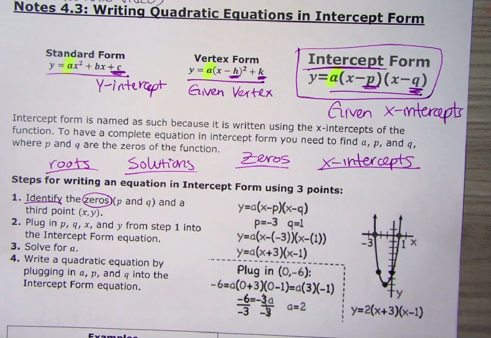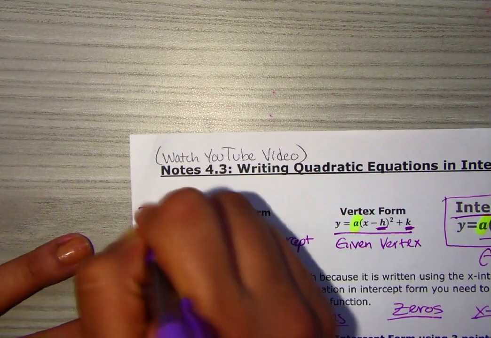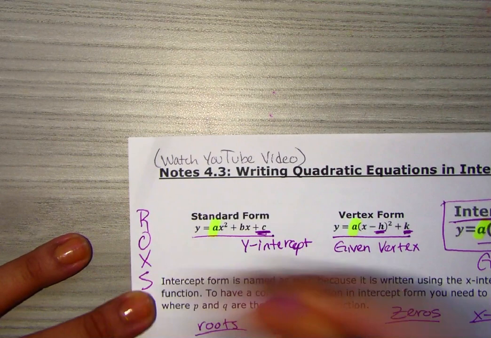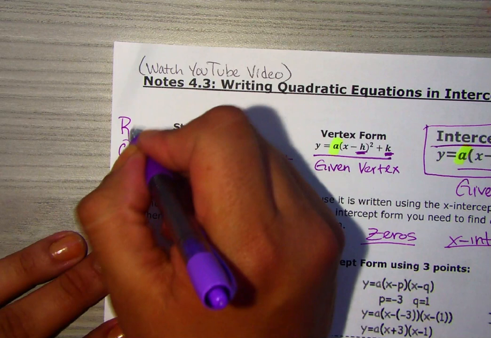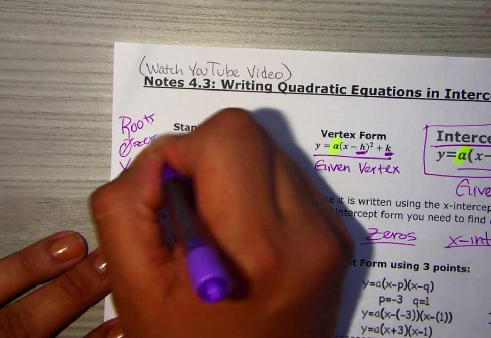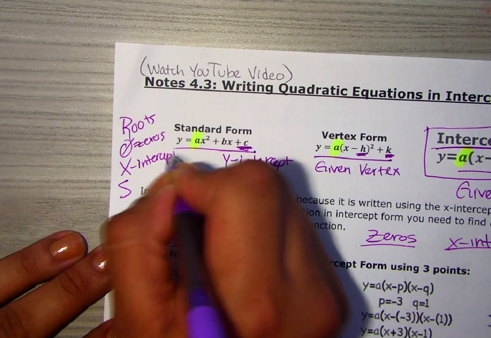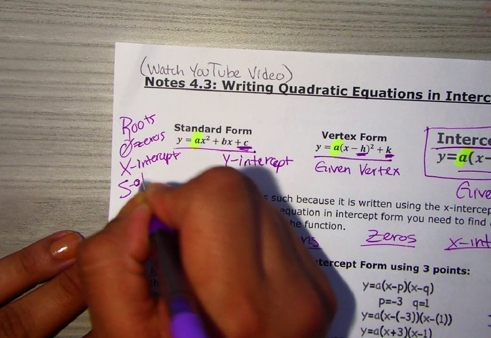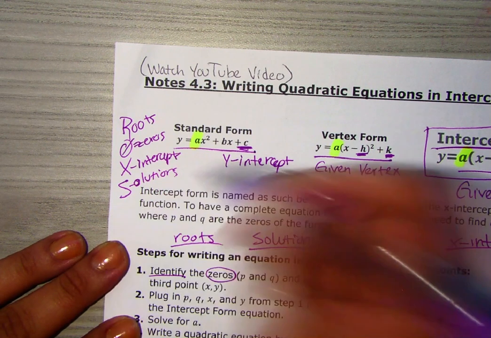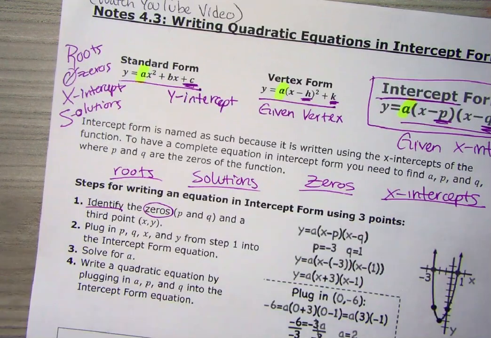So there is an acronym to remember all these, and that is called ROCKS. I'll just write it over here on the side. ROCKS. R stands for roots. O stands for zeros. X stands for x-intercepts. And S stands for solutions. So if you memorize ROCKS, you memorize that all these four words represent the same thing.